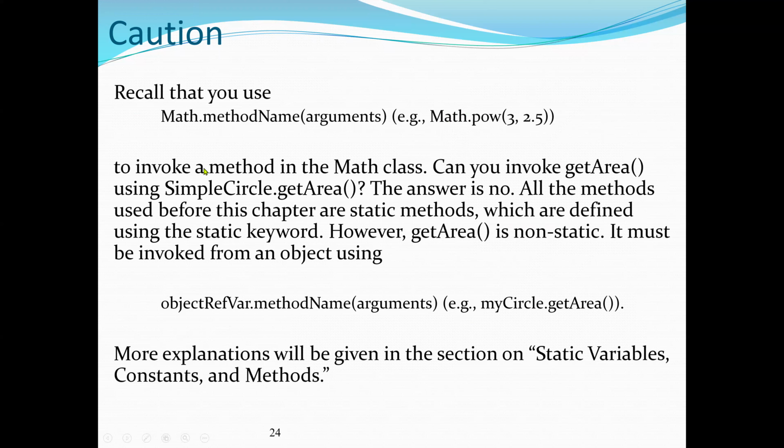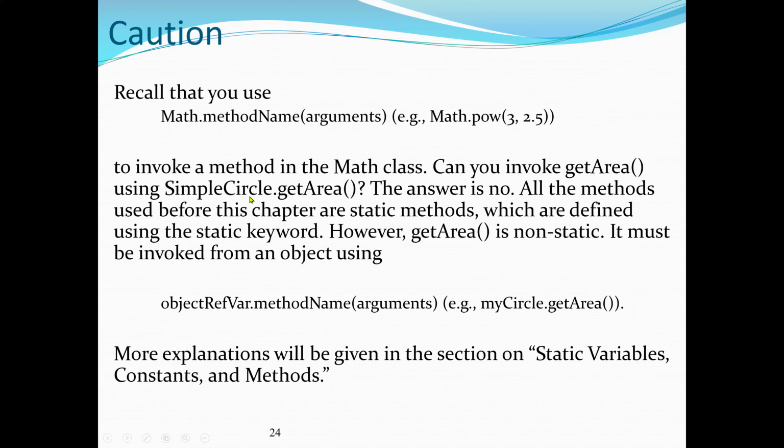So here we ask, to invoke a method in a class, can you invoke getArea using SimpleCircle.getArea()? No. SimpleCircle is a class. We need to associate getArea with an object, so I have to create an object from SimpleCircle, then I can use it.